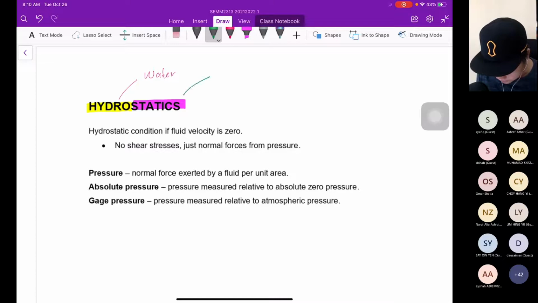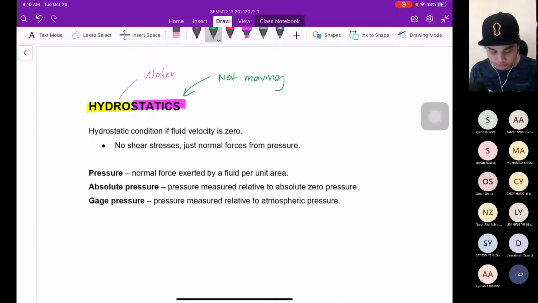Anyone? This is static, anything not moving. Okay, not moving. So hydrostatic condition is when fluid velocity is 0. Okay, that means there is no motion, definitely there is no velocity. Very simple. No shear stress, just normal force from pressure.